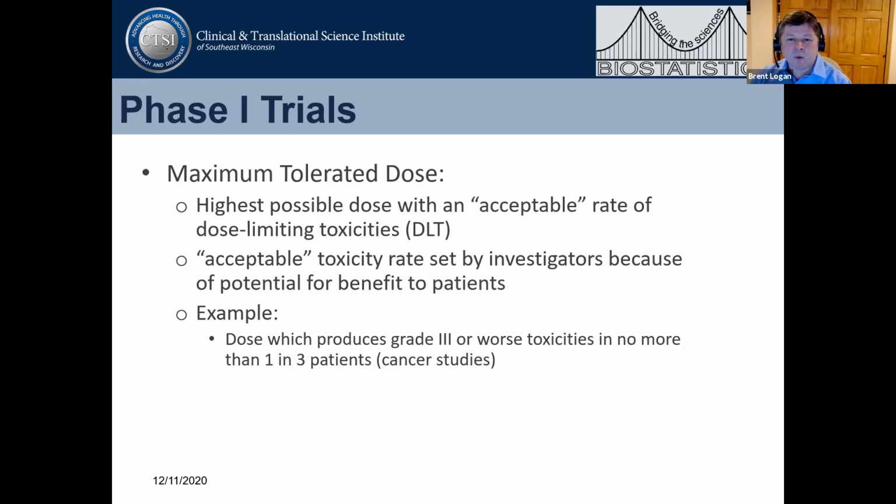So they may be willing to accept a certain amount of toxicities if there is a corresponding efficacy or effectiveness associated with the treatment. In cancer studies, many of these phase 1 trials define an MTD as the dose that produces grade 3 or worse toxicities in no more than 1 in 3 patients.